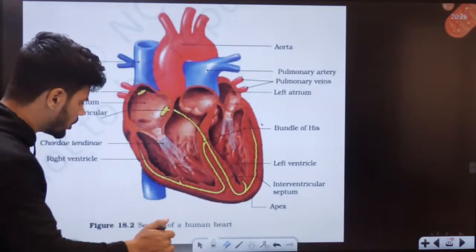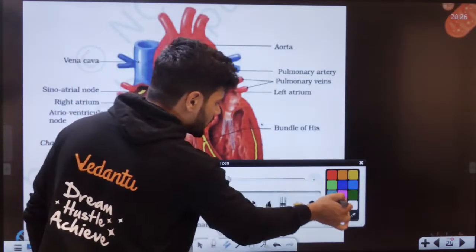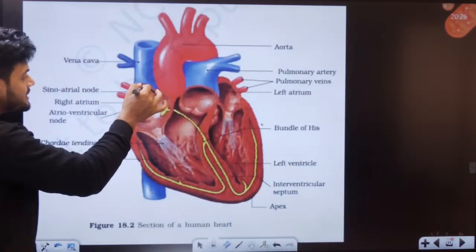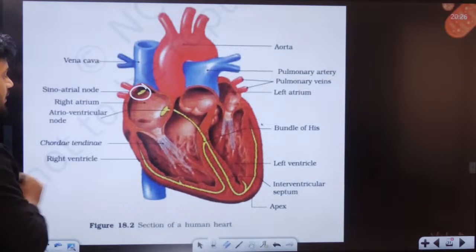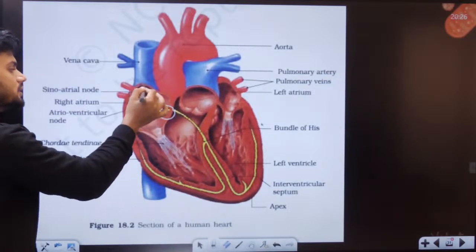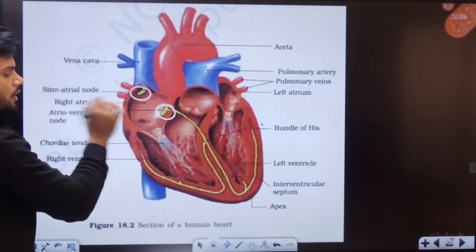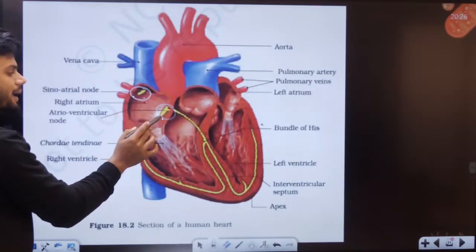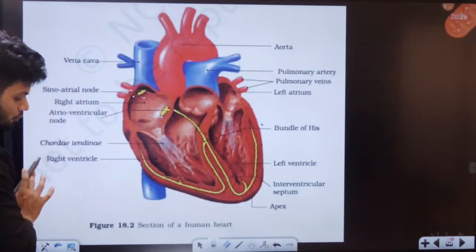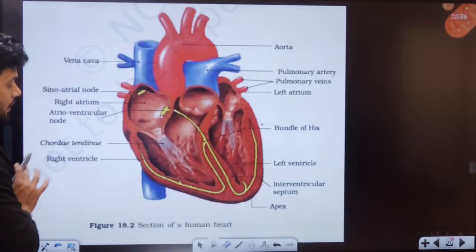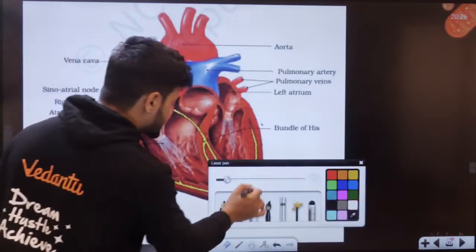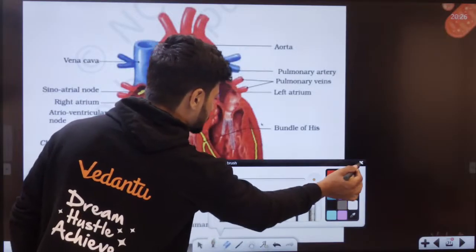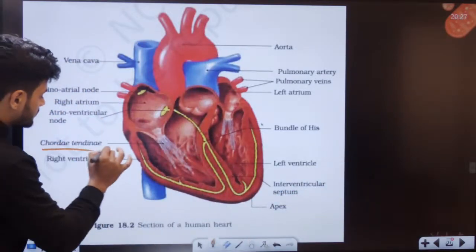Now if you notice very clearly, there is something called the SA node. The SA node is present here, and the AV node. Now what are these 2 nodes? I will teach you later on, students, because these 2 nodes, the pacemaker and pacesetter, are very important. We'll learn about them later on. Apart from that, you can notice there is something called chordae tendineae.